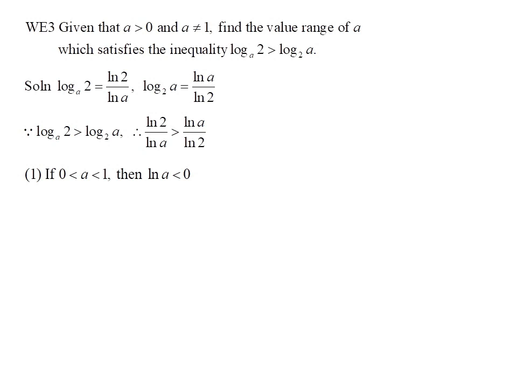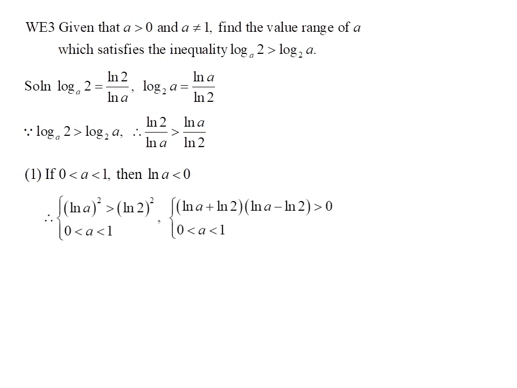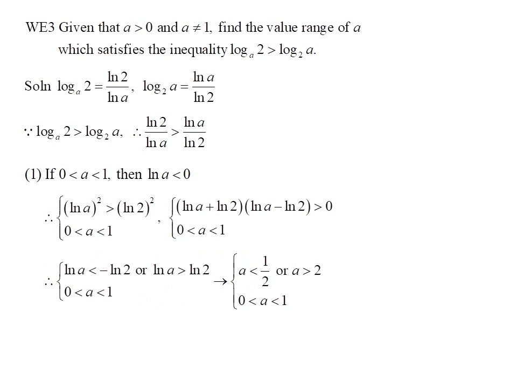The second one is a is greater than 0 but is less than 1. After factorizing the first inequality, these two simultaneous inequalities being solved, and the value range of a is obtained, which is between 0 and half, not including both endpoints.